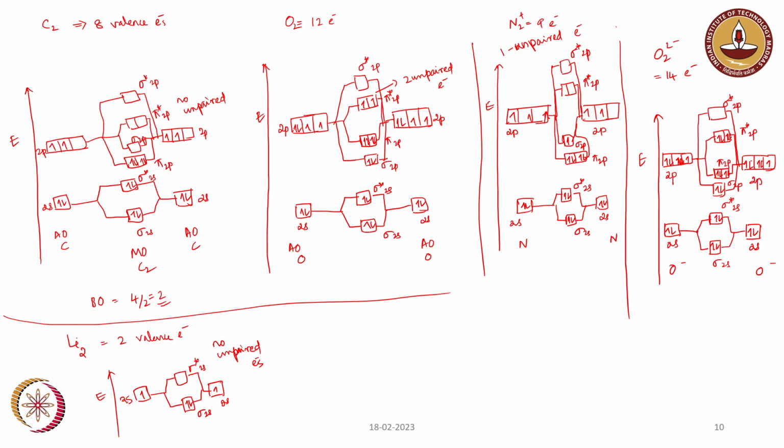So there are a total of 10 electrons in sigma 2p, pi 2p and pi star 2p. So all of them are paired, so there will be 0 unpaired.